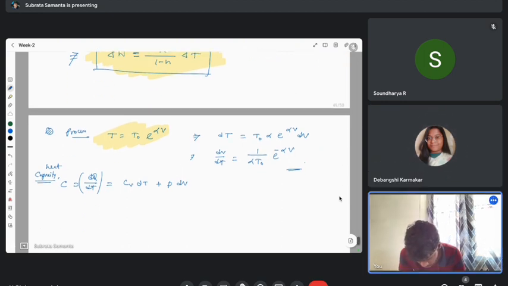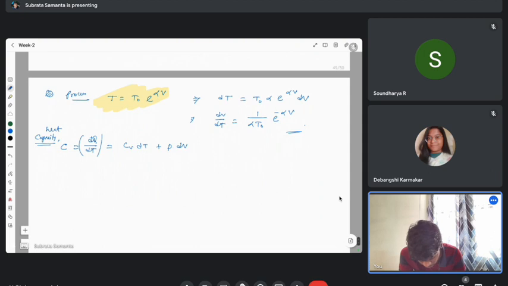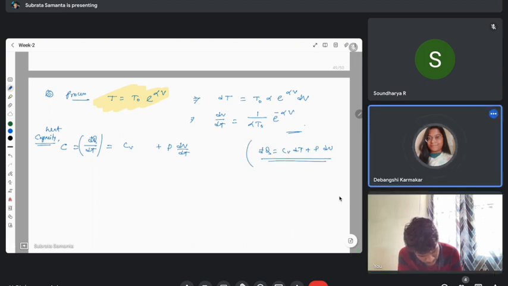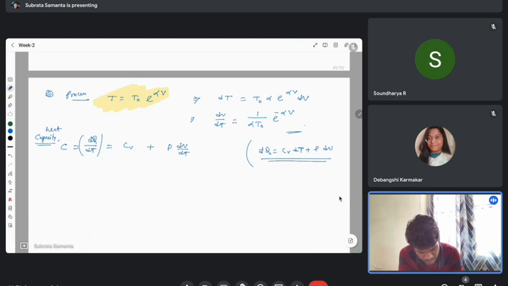Yes, yes. So then this dQ/dT, that means CV plus... So this is dQ equals CV dT plus P dV, right? Are we calculating dQ by dT? So this is CV plus P dV/dT, right?